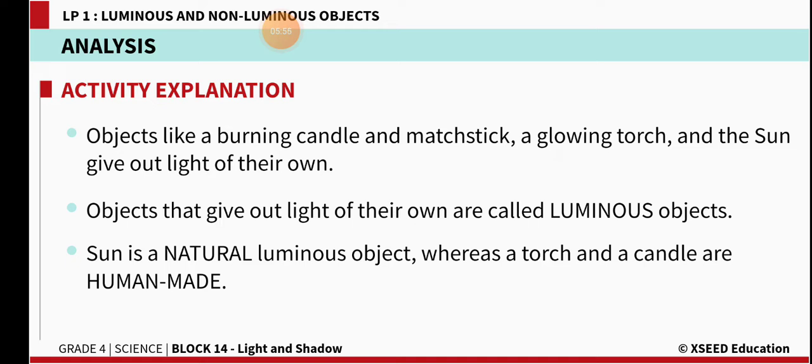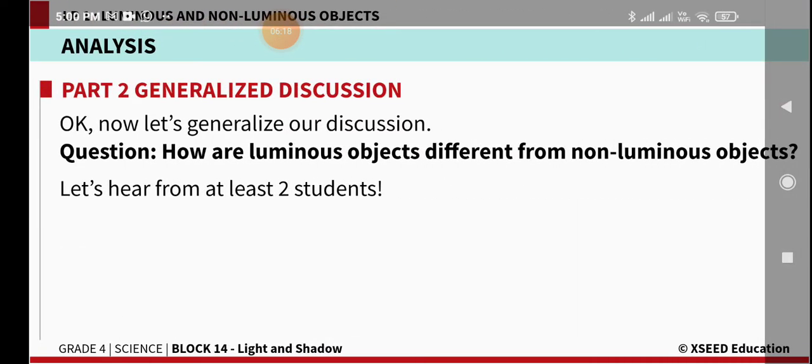The sun is a natural luminous object, whereas the torch and candle are human made. When human beings apply their force to light them, then only they are able to give us light. Whereas the sun and stars are natural objects which give us light. But all of them come under luminous objects because they have their own light.